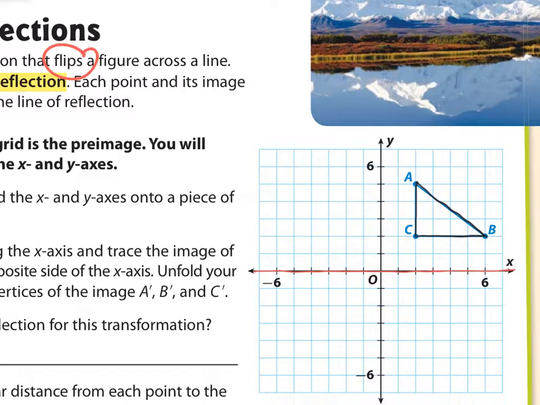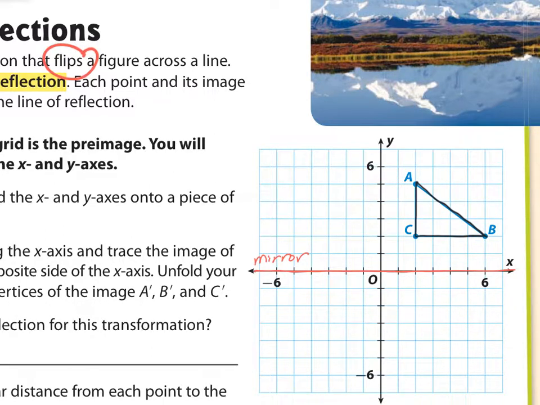If that's our new mirror, then we want to first visualize what that's going to look like if I take this and flip it across the x-axis. It's going to be in this area right here, and for example, point C is only two boxes away from the mirror, which means on the other side, point C prime will be right there. That's where the image is going to be.